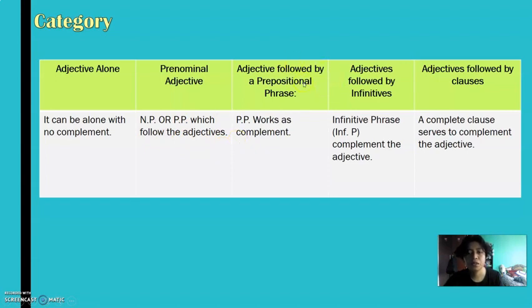Okay, adjective followed by a prepositional phrase, where the prepositional phrase works as a complement. And next is the adjective followed by an infinitive. In this part, the infinitive phrase complements the adjective. And the last is adjective followed by a clause, where a complete clause serves to complement the adjective.